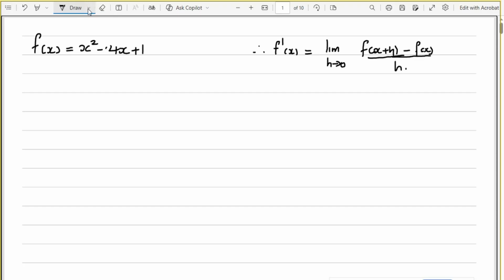Right. So now you know what I'm going to do when I have this type of question. First thing first, I need to find f of x plus h. So on the equation, where there's x, I'm going to substitute x plus h and see what I get.